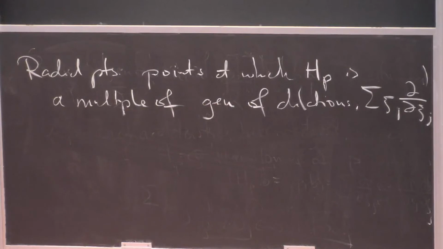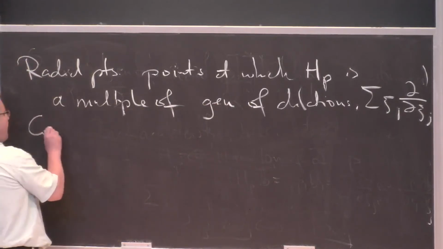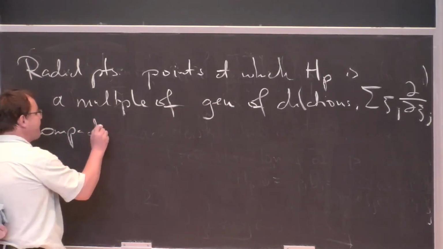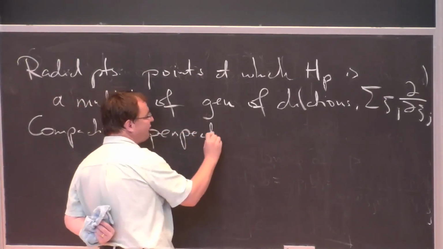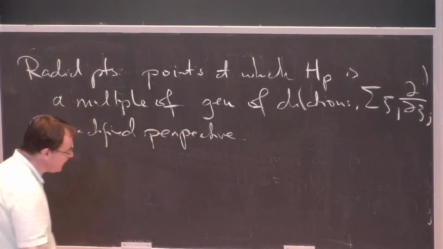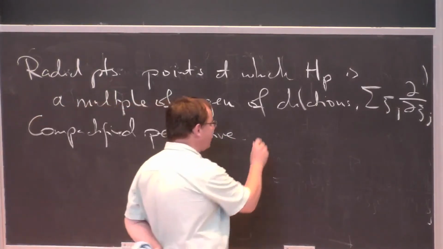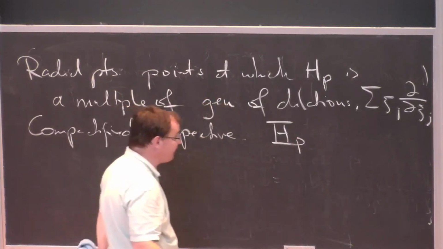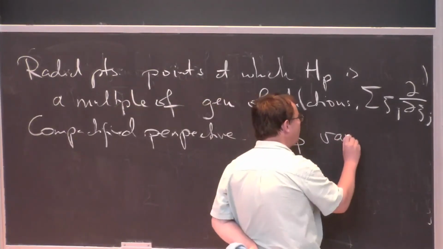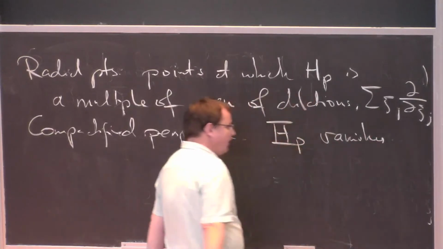From the compactified perspective, or if you want just the transversal picture, this says that this H_p, which remember had some rescaling potentially, vanishes.